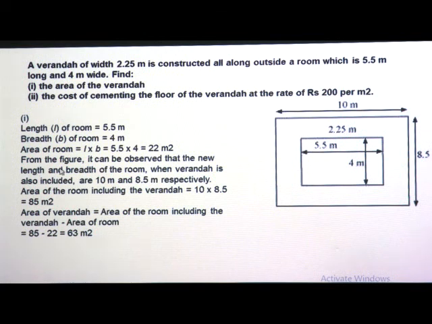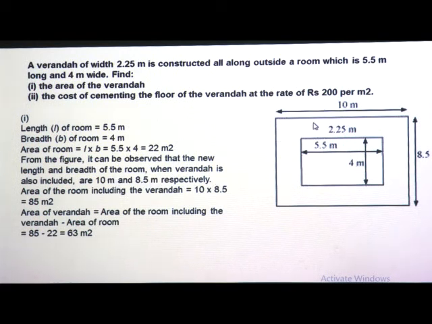Now, from the figure it can be observed that the new length and the new breadth of the room, where the veranda is also included, meaning we are adding the area of the veranda also, are 10 meter and 8.5 meter respectively.